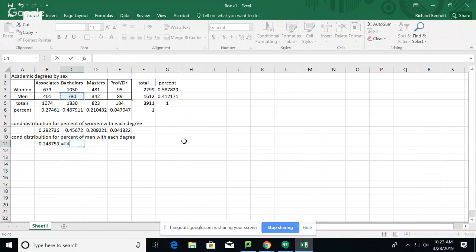C4, which is 780, divided by 1612. Okay? And if I F4 that, I don't have to redo that every time, right? I only redid it because I wanted to make sure you learned. So I succeeded. Jalen's learned something today. Okay? All right, does that make sense?